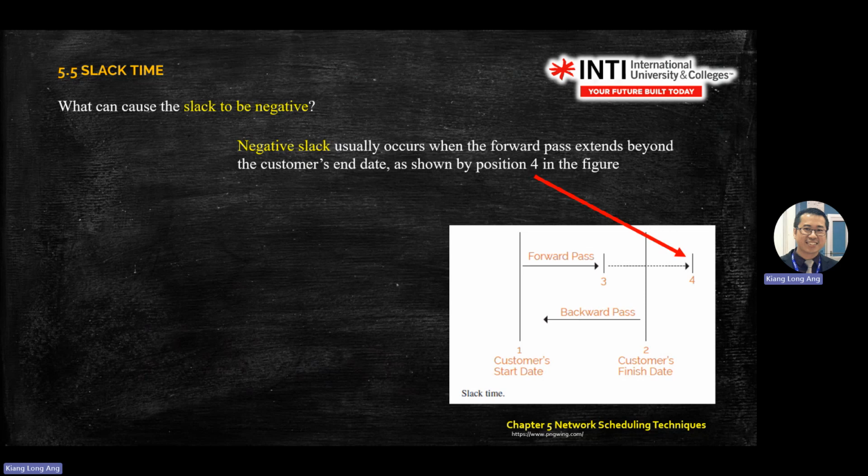Slack time can be negative. Slack time is negative when your forward pass extends beyond the customer end date, which means you have bad planning. Let's say the finish date in your early calculation is maybe 59 days, but you go to negative slack when you exceed the finish date.